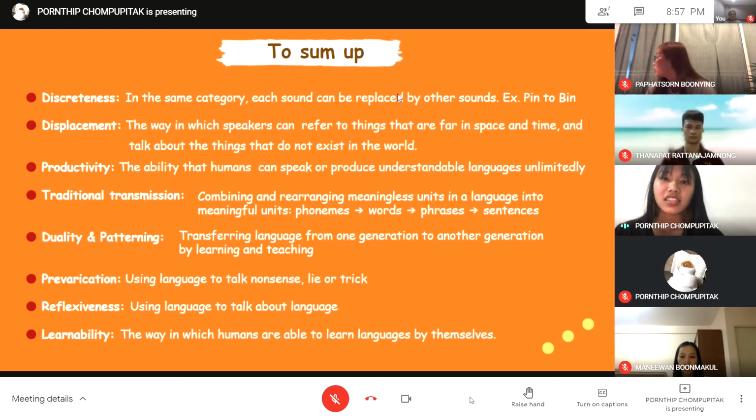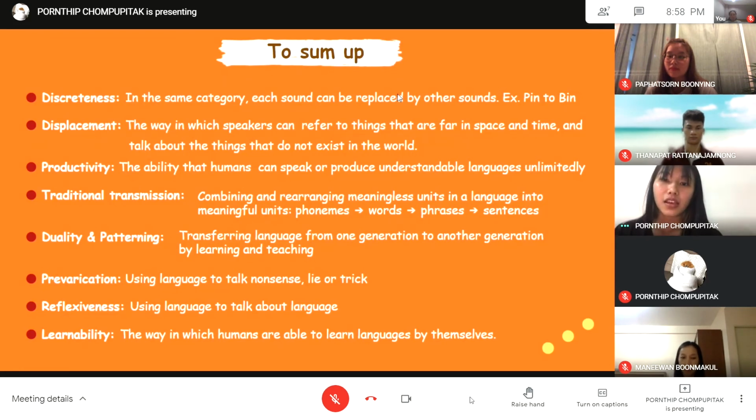Fourth, traditional transmission. Traditional transmission is transferring language from one generation to another generation by learning and teaching. Fifth, duality and patterning. Duality and patterning is combining and rearranging meaningless units in a language into meaningful units, like phonemes into words, words into phrases, and phrases into sentences.